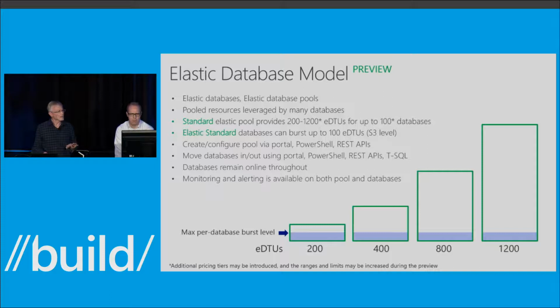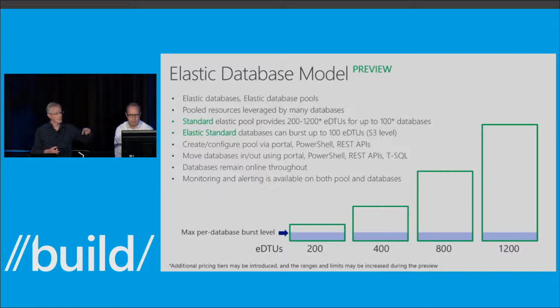One is the idea of the database burst level. I mentioned that the pool itself supports databases; a standard pool supports the same range of performance as a standard database, so from 10 through 100 DTUs. So effectively, you've got a burst level. It's a max.